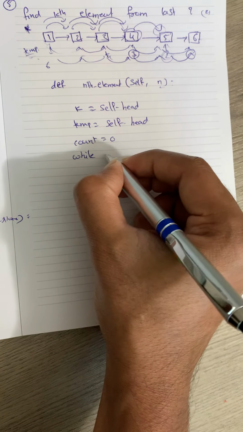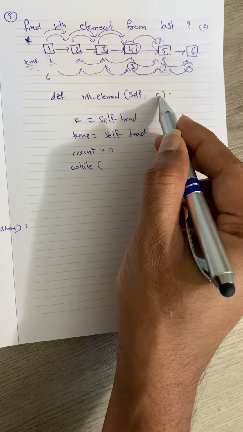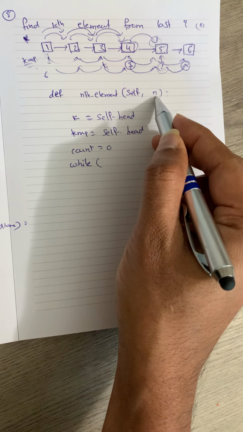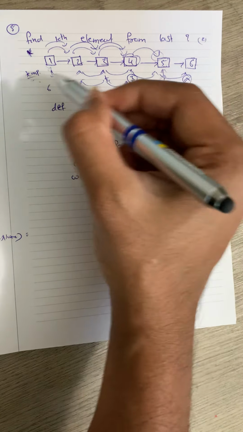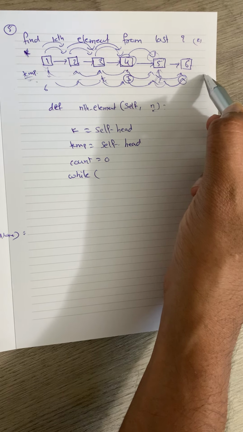So now, while count is less than n, and also I need to break the loop if the temporary variable finds none.